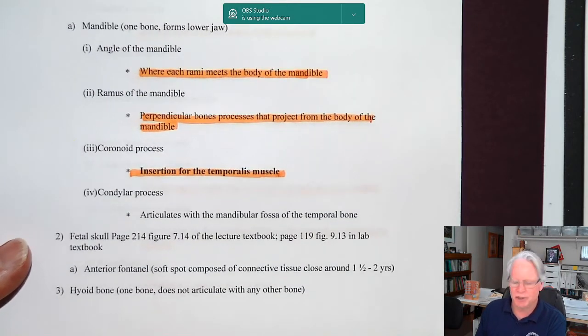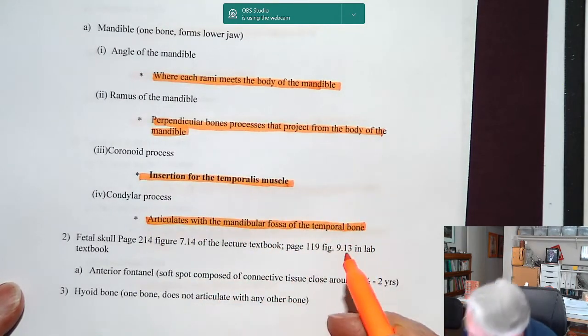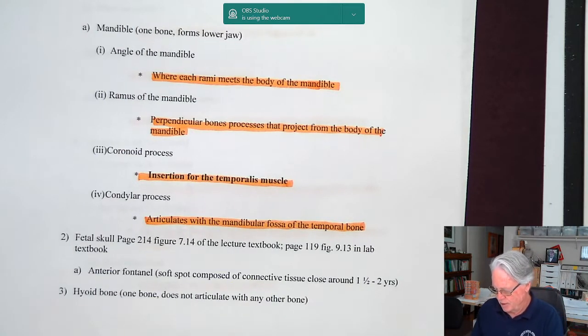We'll learn about that muscle, and that's where it inserts, right there on the coronoid process. And then the condylar process, which articulates with the mandibular fossa, which I believe I forgot to point out. So we'll do that. That should be in our list. Probably passed it over. All right, so the mandible.